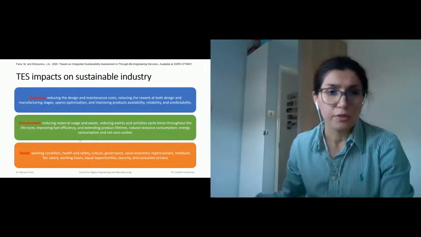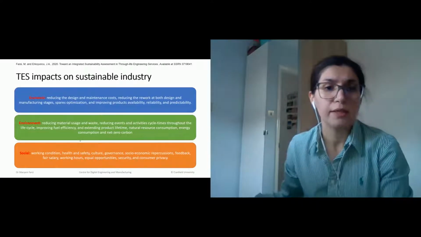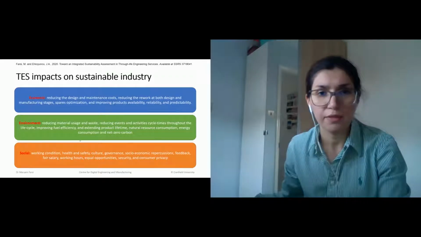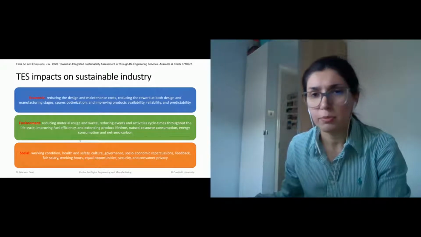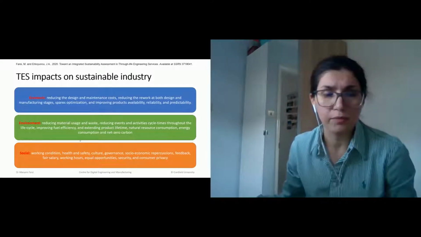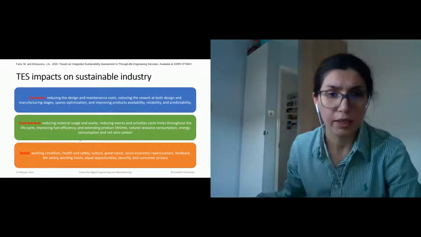And in terms of the social, potentially TES can look at the working conditions, health and safety, culture, security, consumer privacy, fair salary, and working hours.